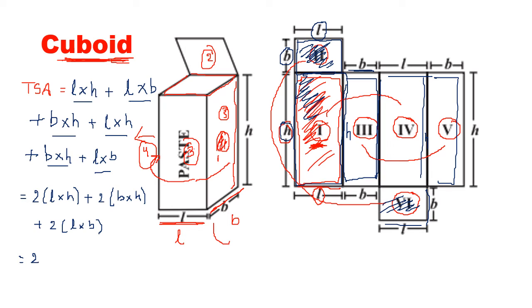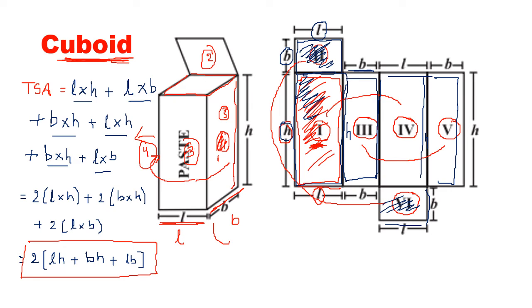If we take the 2 common, we get L into H, which can be written as just LH, B into H can be written as BH, and L into B can be written as LB. So this is the formula to find out the total surface area of a cuboid.